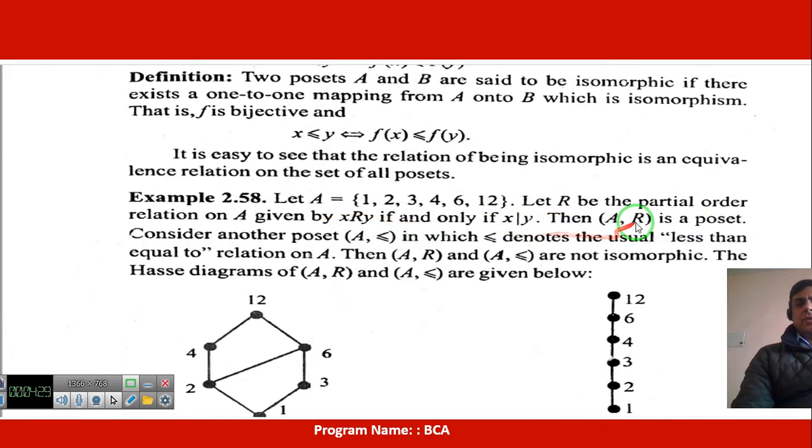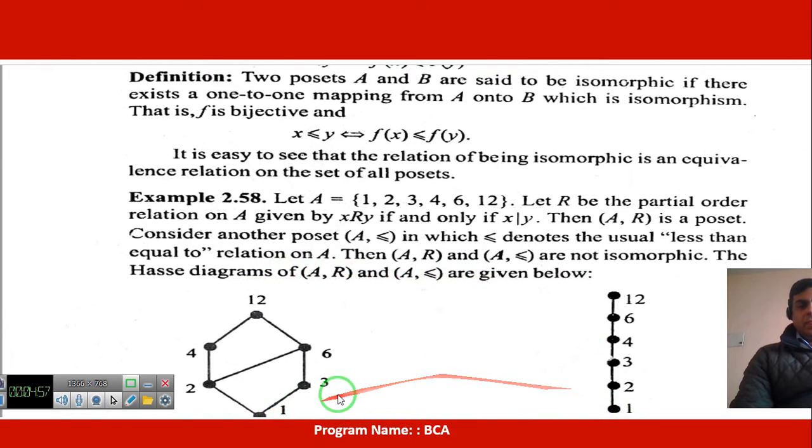It is a definition of partial order set. Consider another partial order set in which the relation denotes the usual less than equal to. Then the two posets are not isomorphic. The Hasse diagrams are given below.